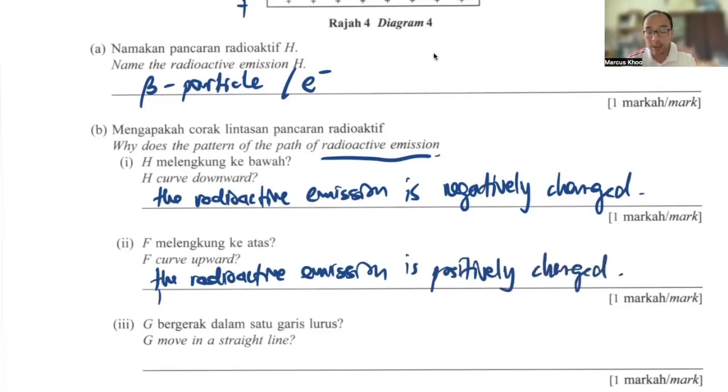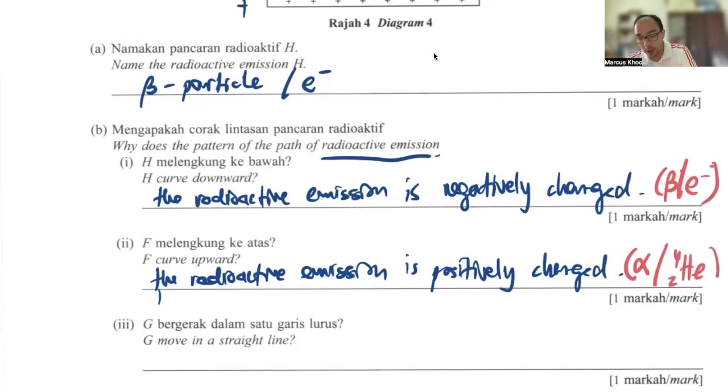The words in blue are the answers that we're looking for, but just for the sake of our revision, remember that the negatively charged radioactive emission is the beta particle, or a fast-moving electron. The positive one is the alpha particle, otherwise known as helium-4, 2.